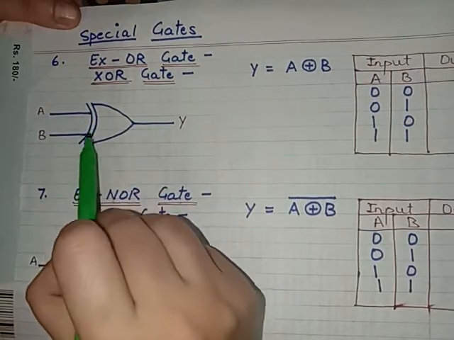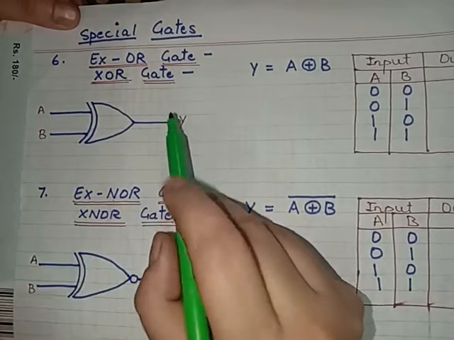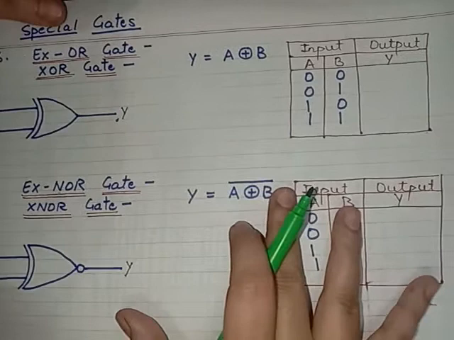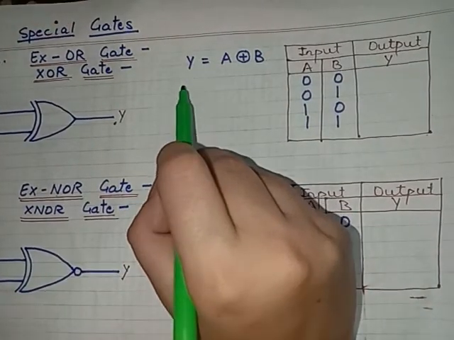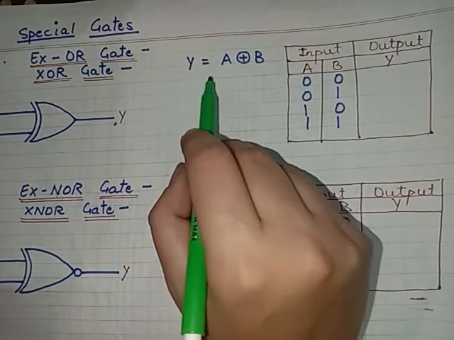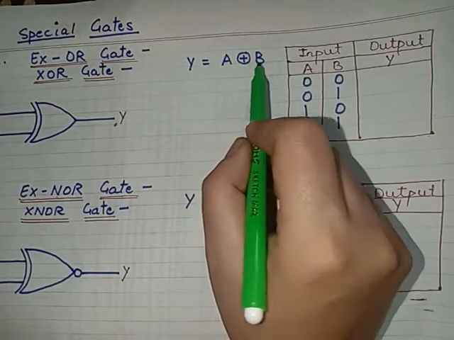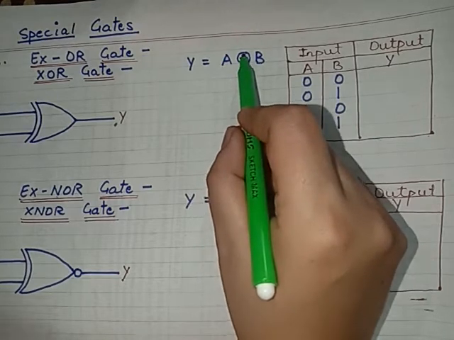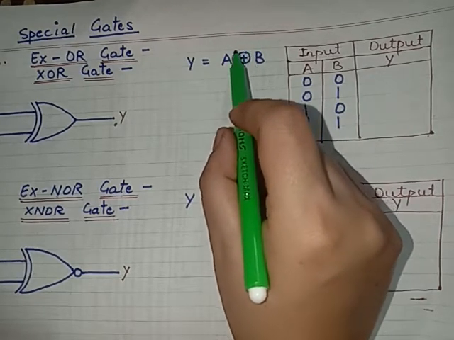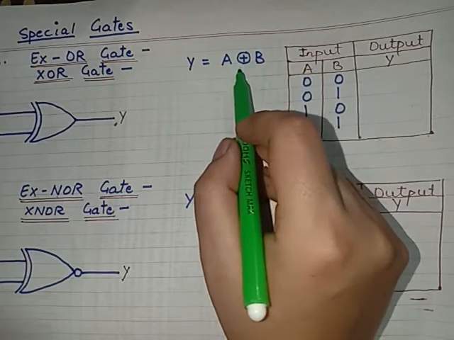Here we are having two inputs, that is A and B, and one output, that is Y. So the relation of the input and output, that means the equation, is Y is equal to A exclusive OR B. Now exclusive OR means this is an OR symbol, and we are having a circle around that, that is the symbol for the exclusive OR.